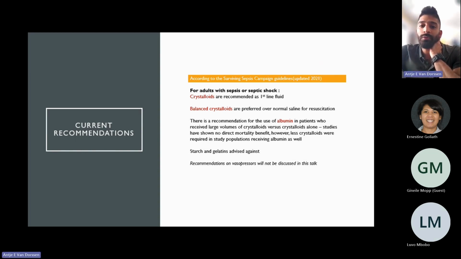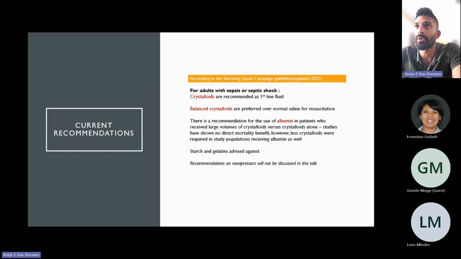According to the Surviving Sepsis Campaign, the guidelines were updated in 2021. For adults with sepsis or septic shock, they quite definitively said that crystalloids are recommended as the first-line fluid. They then expanded on this, saying balanced crystalloids are preferred over normal saline for resuscitation specifically.